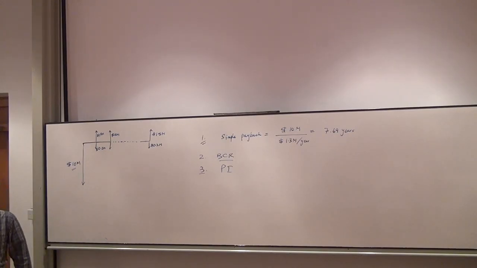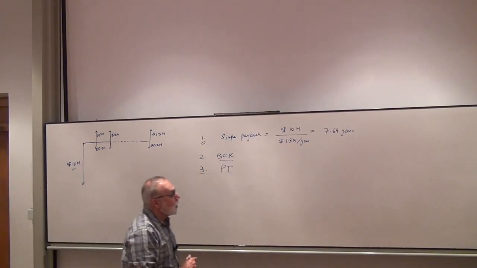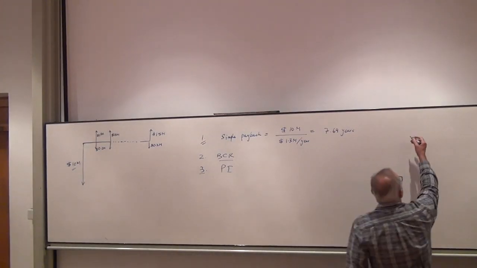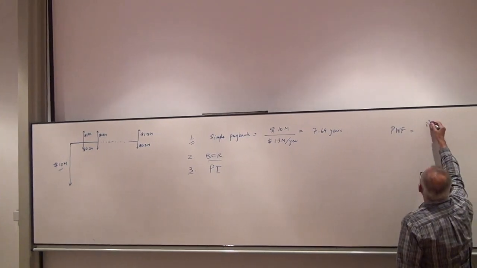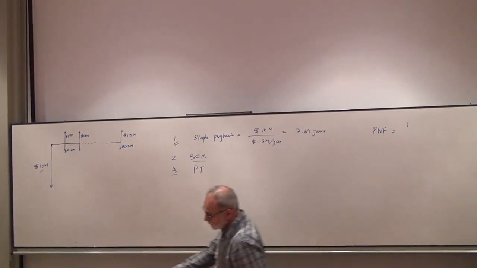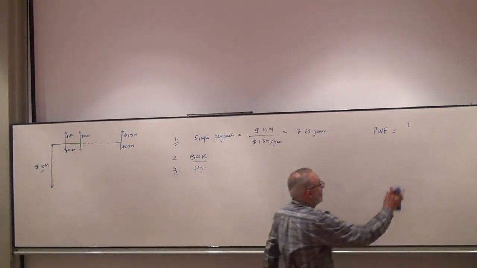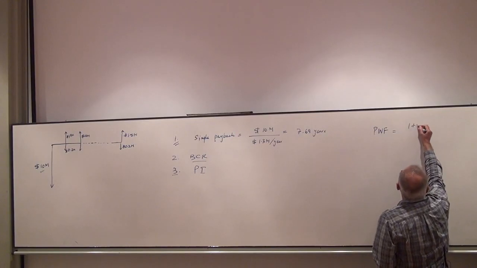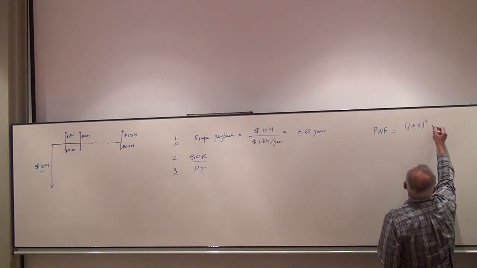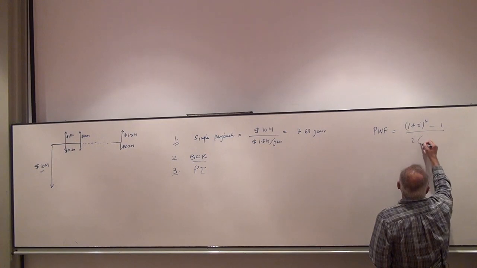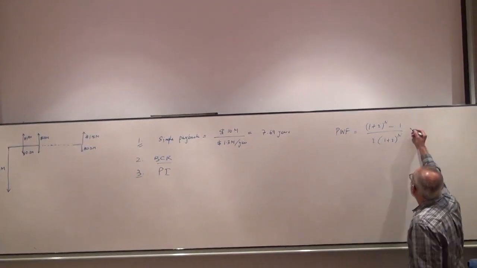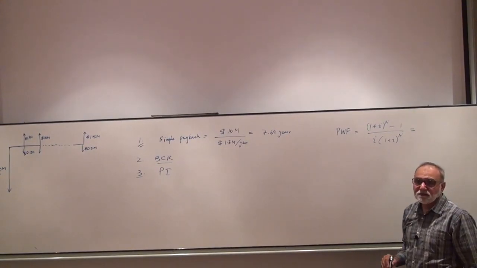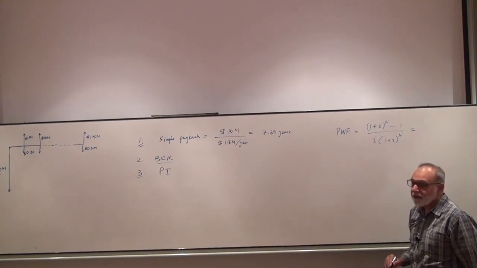So let's find out the present worth factor. The present worth factor is (1 plus i) raised to power n minus 1, divided by i times (1 plus i) raised to power n. I suppose it was 10%.